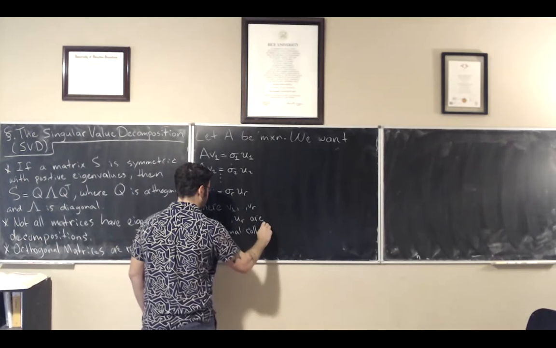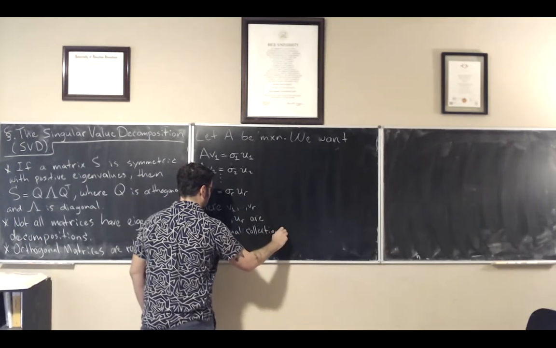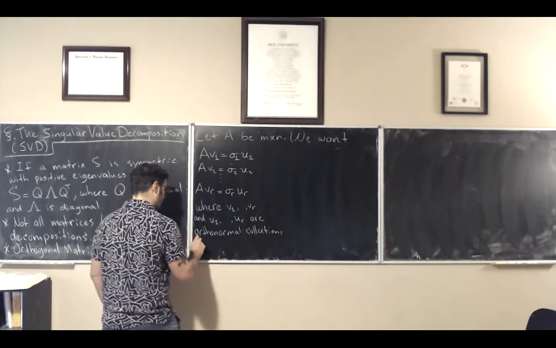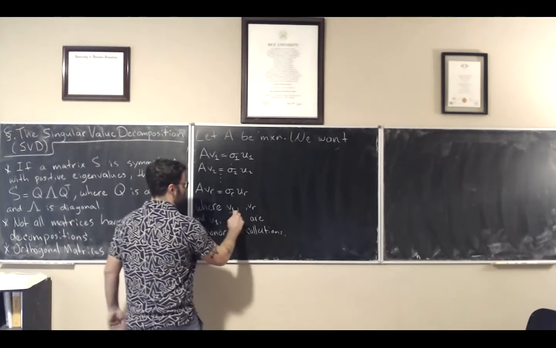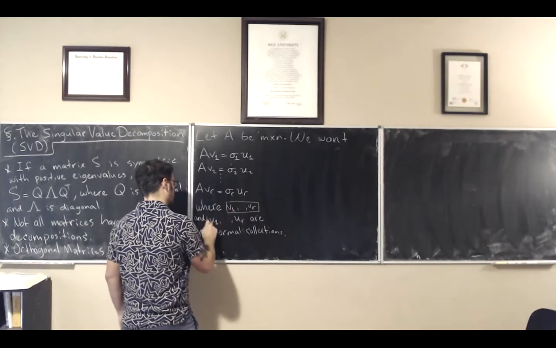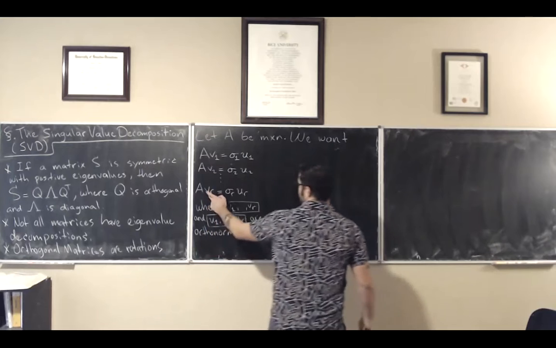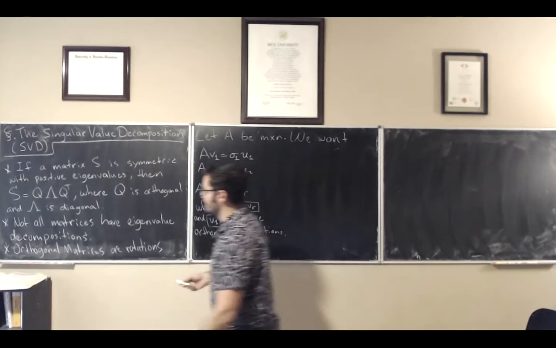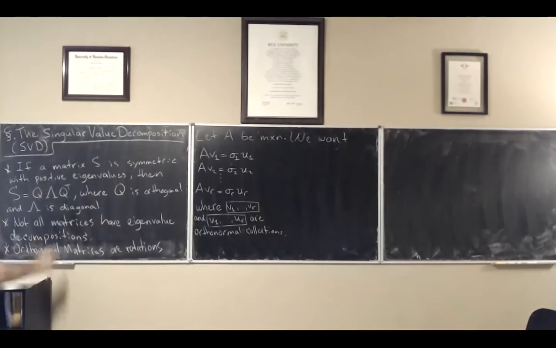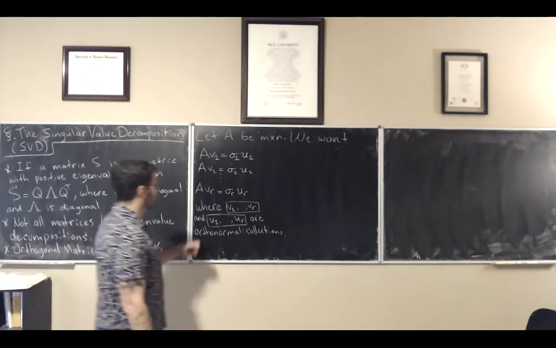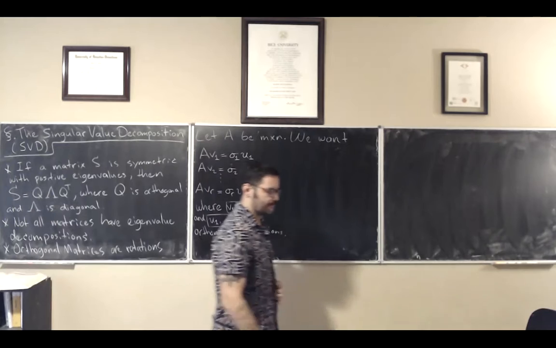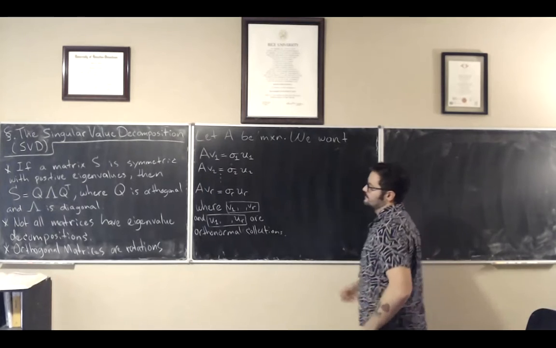So that's an orthonormal set, and this is an orthonormal set there. The V's and U's are different. It's not like over here with the eigenvalue decomposition where we have Q's, lambdas, Q's; we have V's, sigmas, and U's. Okay, so this is what we want.